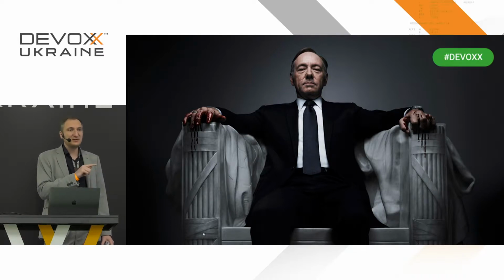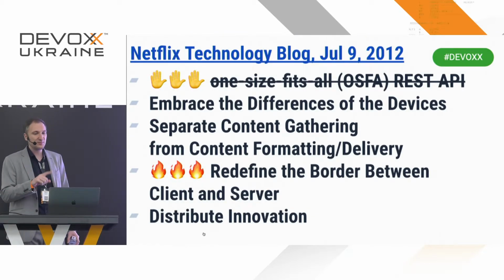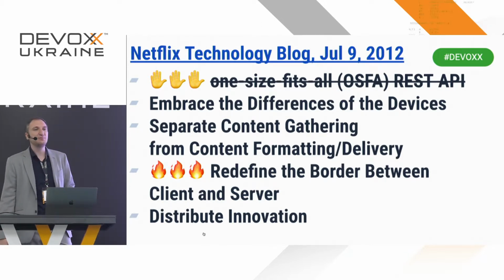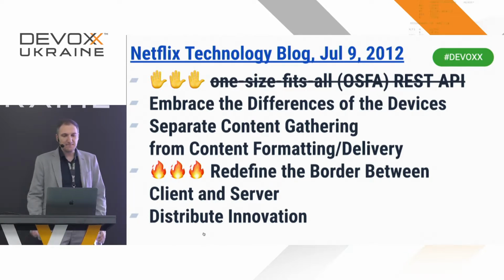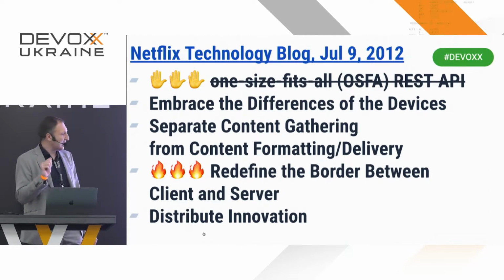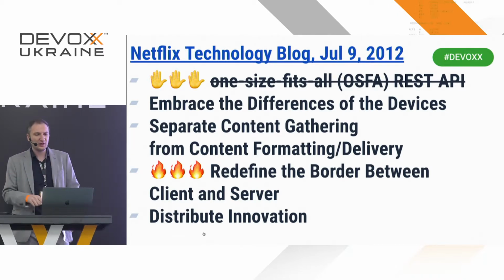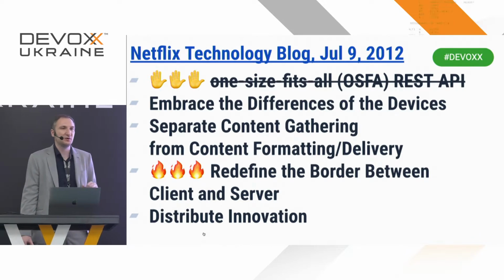I'm talking about that because during this moment, Netflix received a lot of money to improve technical stuff. And the guys at the same time published a Netflix technology blog about how they improved their technical stack and technical infrastructure. And my idea of this blog post and conference talk, which you can find on the internet, is that they redefined the border between client and server.